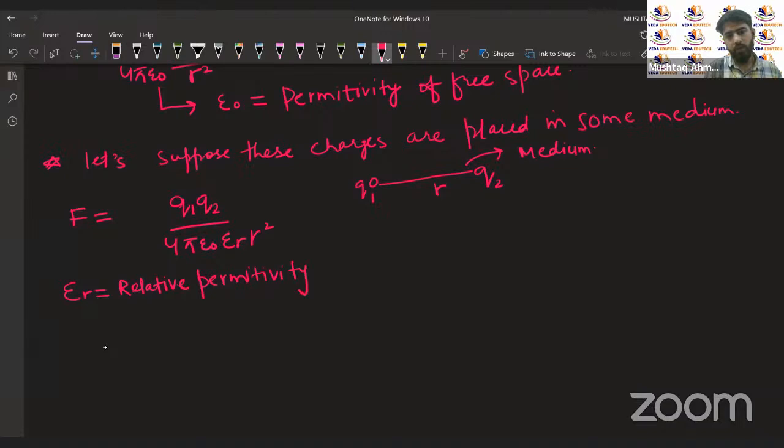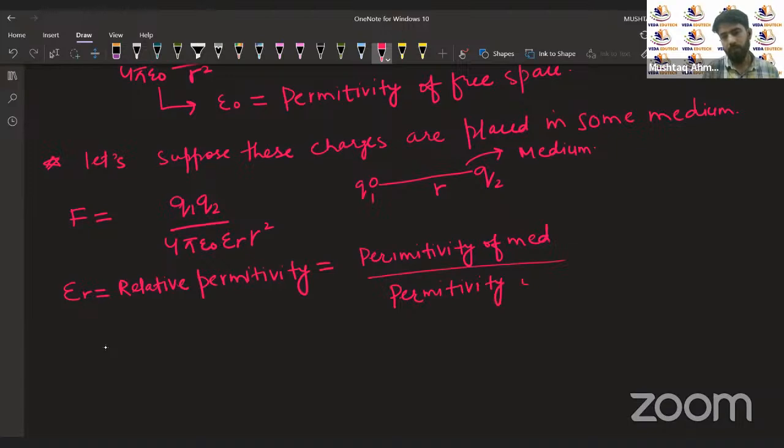And it is given by the permittivity of the medium upon the permittivity of free space. ये हमारे पास बराबर है permittivity of medium upon the permittivity of free space.